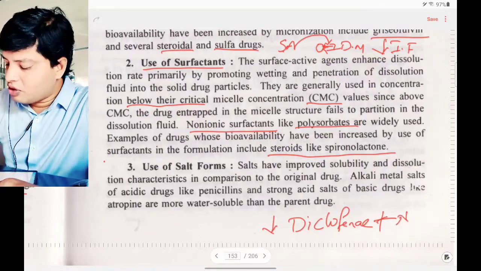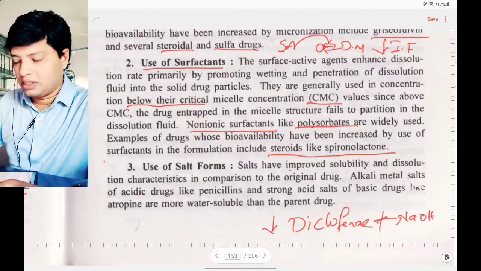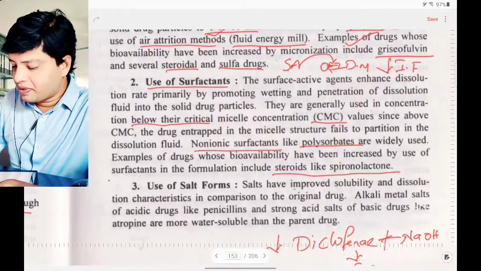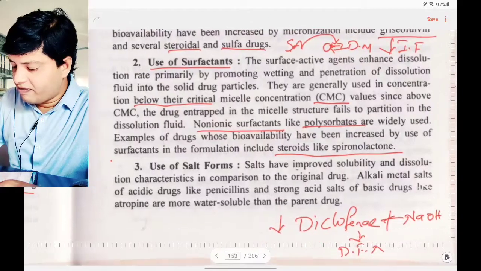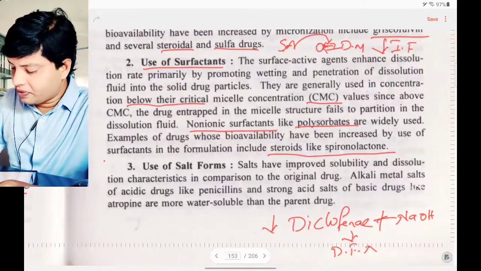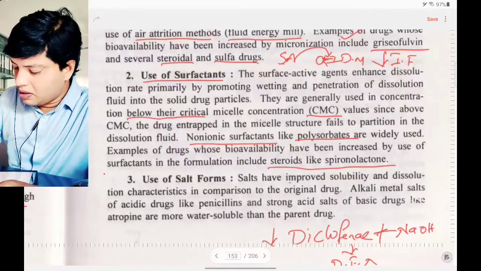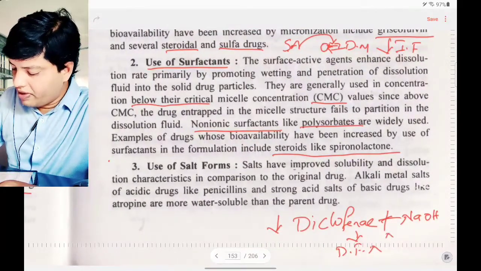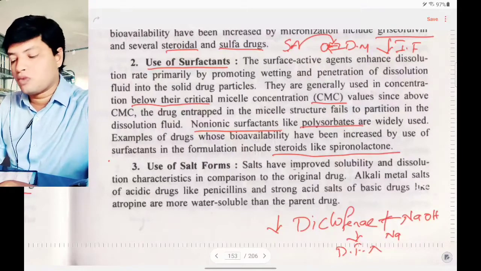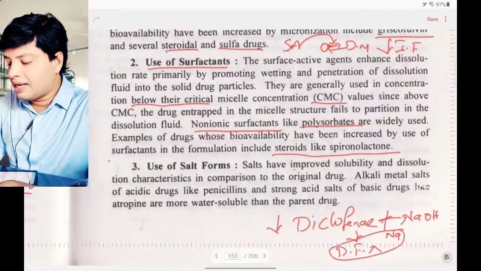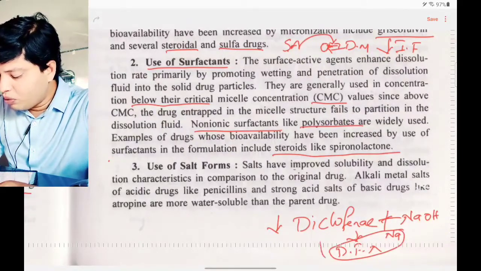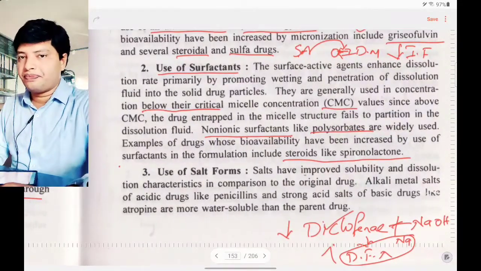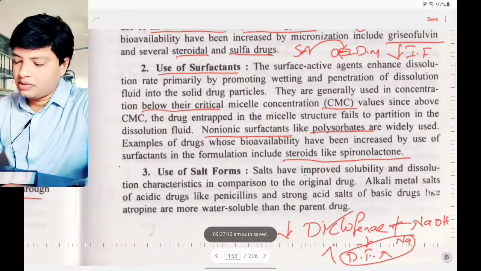It will interact with a strong base, let's say NaOH, and I will get diclofenac sodium, a salt form of diclofenac. This salt form has more solubility compared to its native drug.